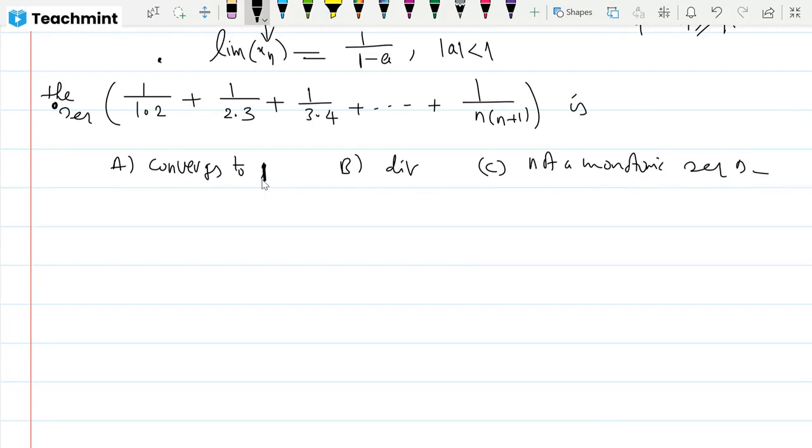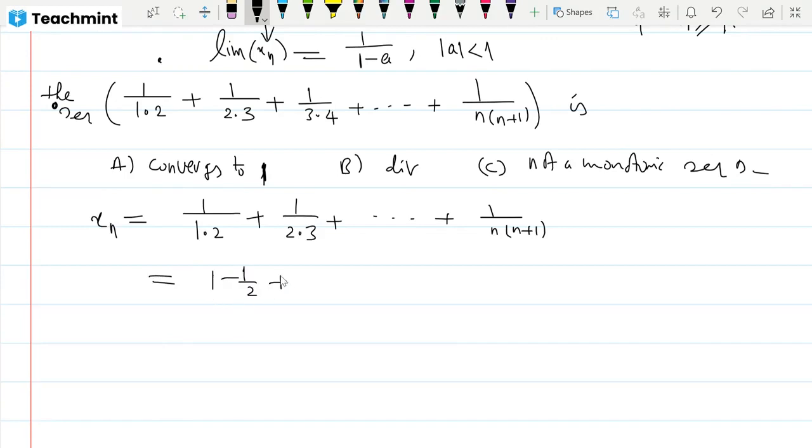Right. So call this xn, the same sequence, 1 over 1 into 2 plus 1 over 2 into 3 plus so on plus 1 over n into n plus 1. Now 1 by 1 into 2 we can write as 1 minus 1 by 2. 1 by 2 into 3 can be written as 1 by 2 minus 1 by 3. 1 by 3 into 4 can be written as 1 by 3 minus 1 by 4, plus so on, plus the last term, 1 by n minus 1 by n plus 1.